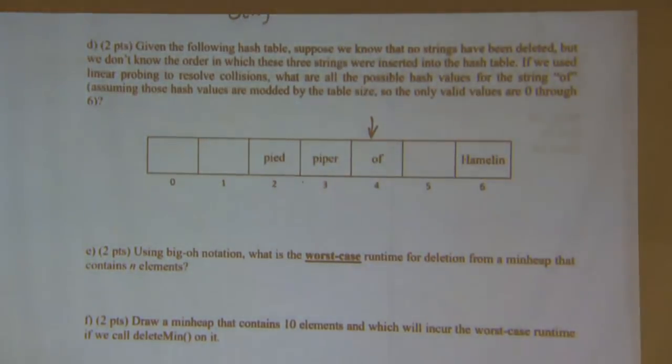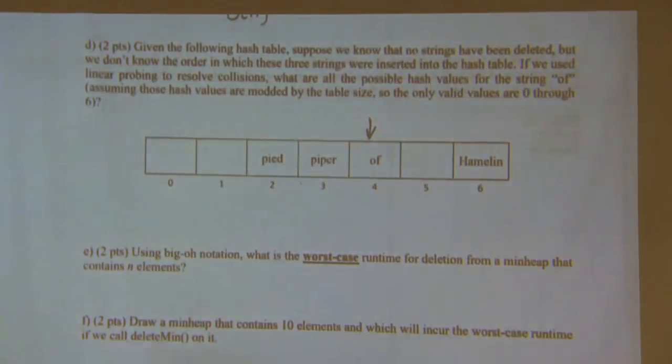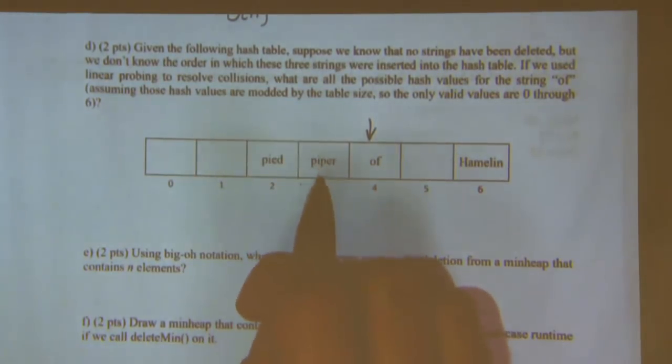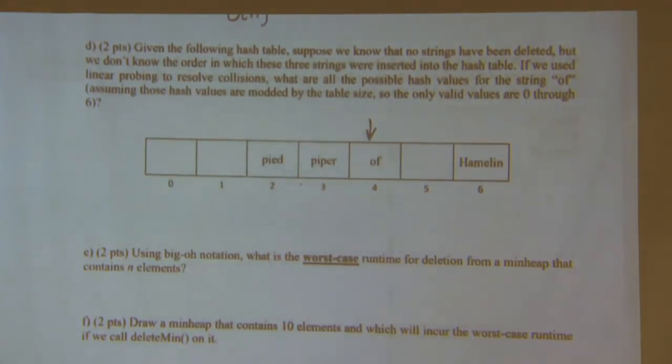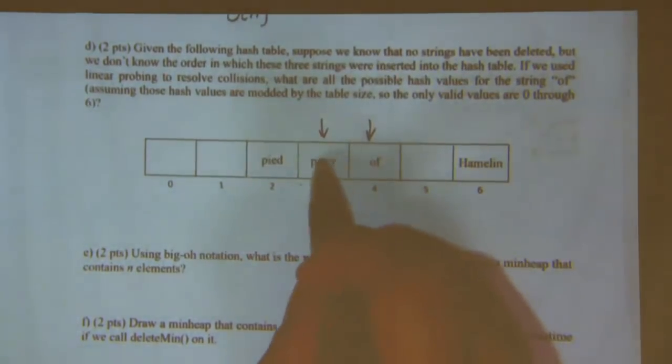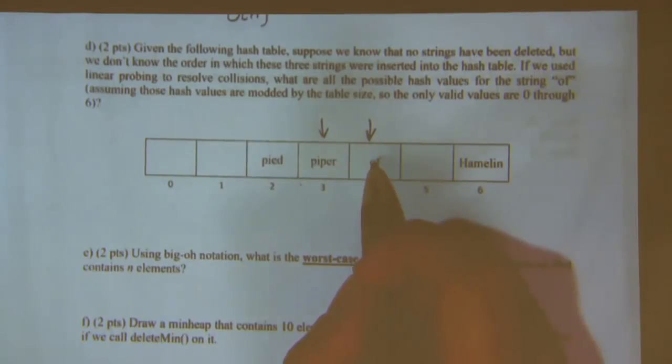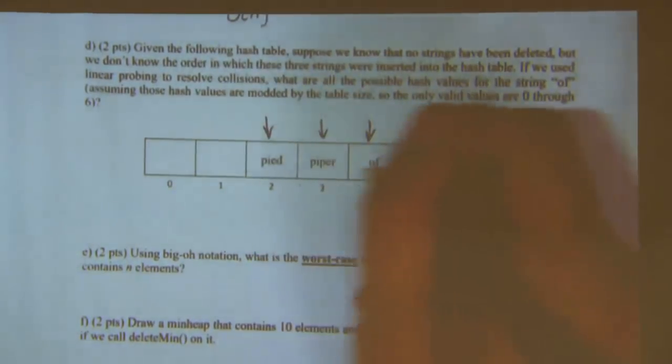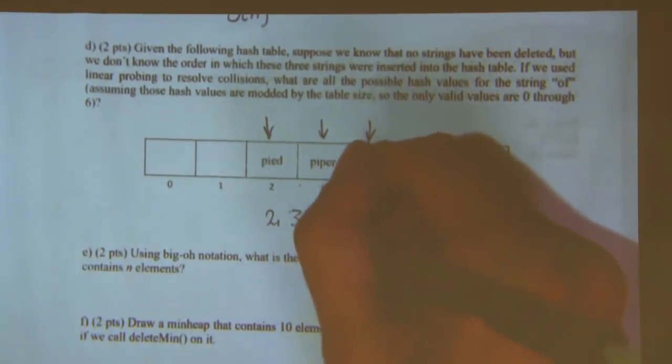But when we're doing linear probing, we work from the left to the right. So if of got hashed to 3 here, and Piper was already there, it could have possibly moved over to here. And then the same thing with pied right here. And so the indexes that of could have hashed to were 2, 3, and 4.